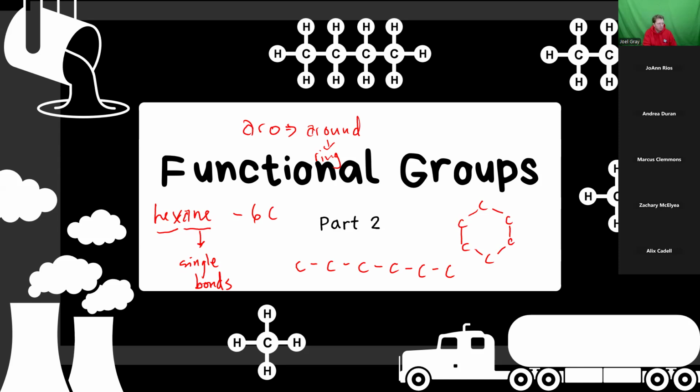I'm going to put A and B as my two molecules. A is hexane because it has six carbons and nothing but single bonds. B, yeah, it's hexane, but we could add something to give us a better name for molecule B. What would we add to that?